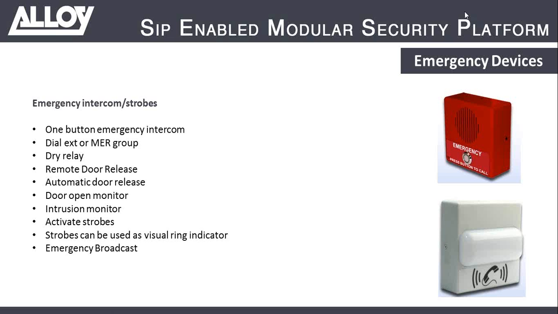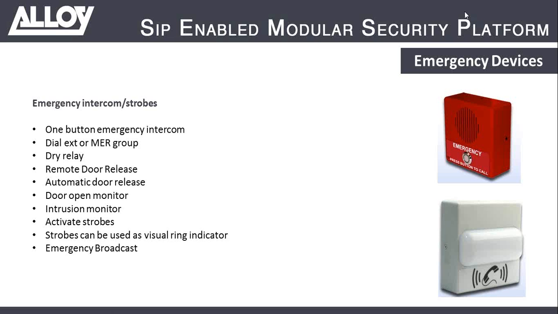One button, push that one button, it can dial an extension, a multi-extension ring group, an external number, however you want to configure that. It has dry relay capabilities in there for remote door release. It has options for automatic door release, power down, open all the doors, etc., etc., however you want to configure that. It even includes a door open monitor and a vandal or intrusion monitor.